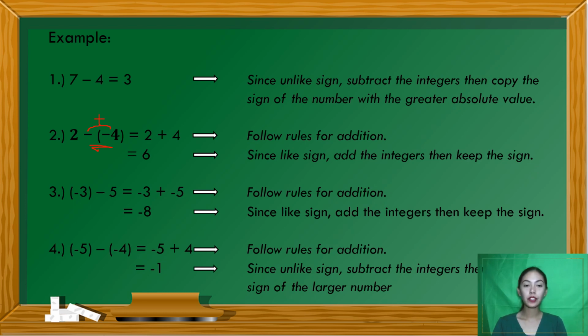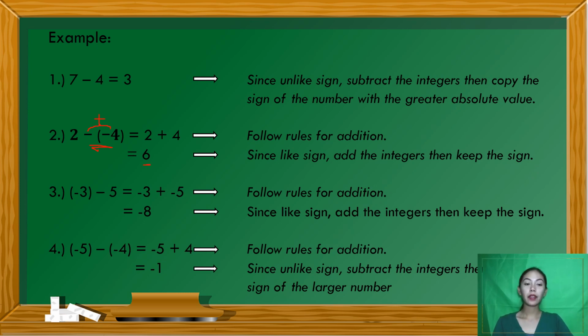It will become 2 plus 4, following the rules for addition. So 2 plus 4 is equal to 6. Since like sign, add the integers, then keep the sign. So the answer is positive.